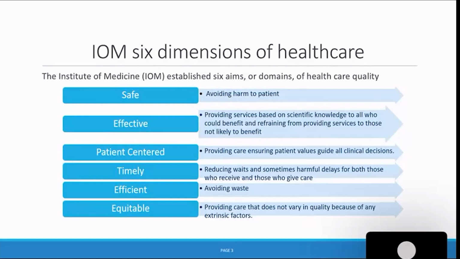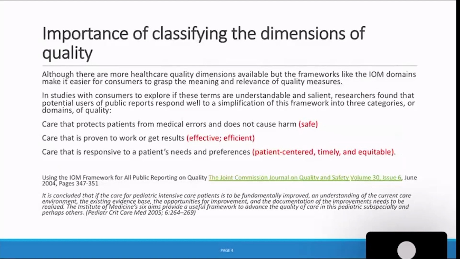In addition to these 6 dimensions of healthcare, more dimensions have been developed through different concepts, like access to care and appropriate care. There are several, but some papers and researchers have published based on the effectiveness of care given by these 6 dimensions of healthcare quality.